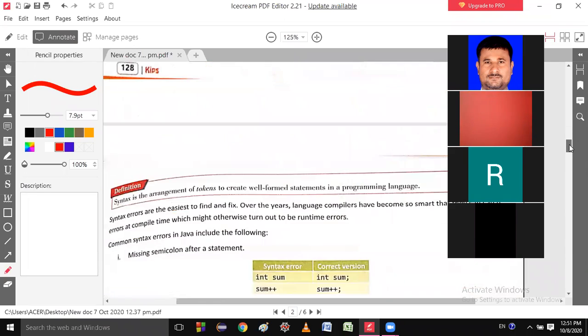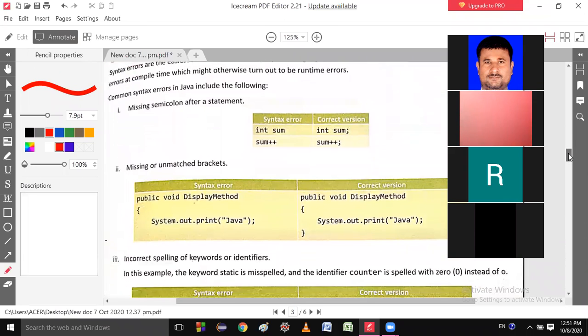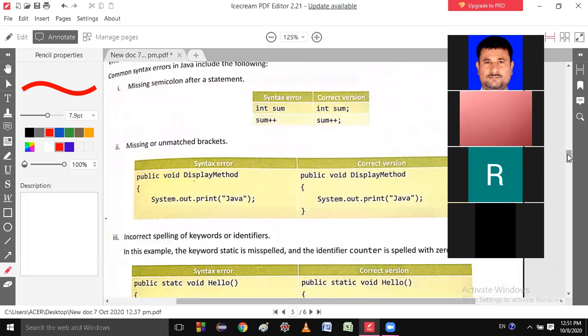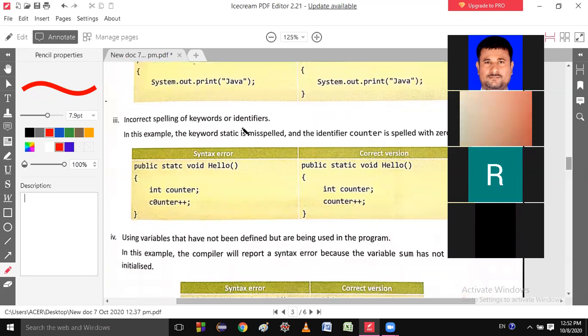After the method there is a bracket, so you are making mistakes there. And spelling mistakes, like writing int wrongly. So missing a semicolon after a statement, missing or unmatched brackets, or incorrect spelling of keywords or identifiers come under syntax errors.